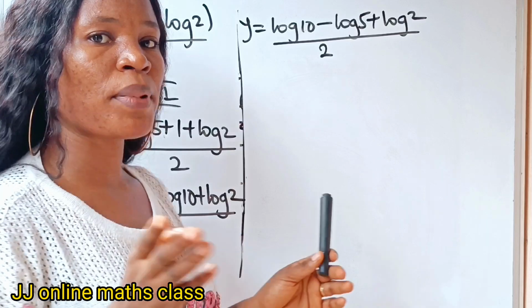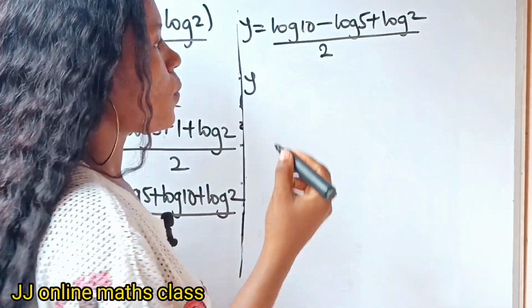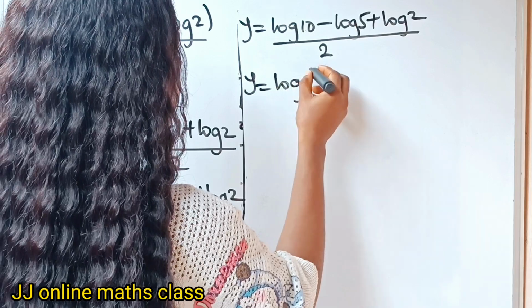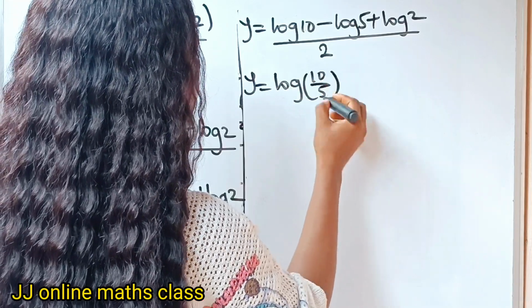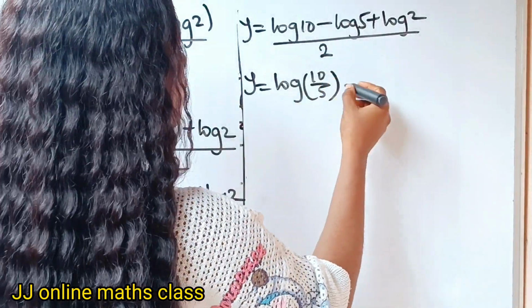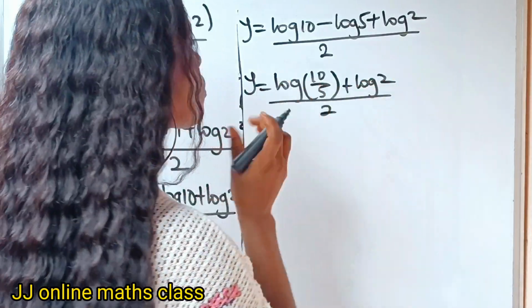So applying the law that I just explained, we can now write this as y is equal to log what? 10 over 5, since they are subtracting, plus log 2, everything divided by 2.